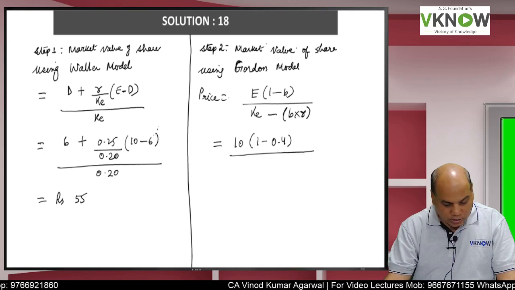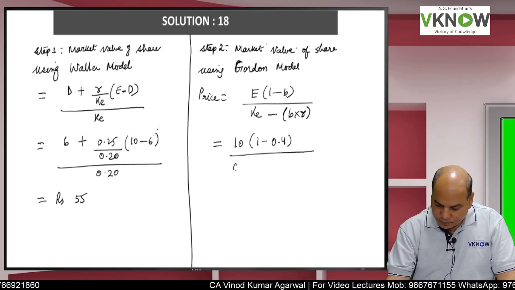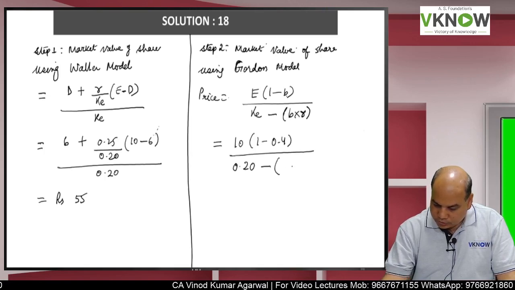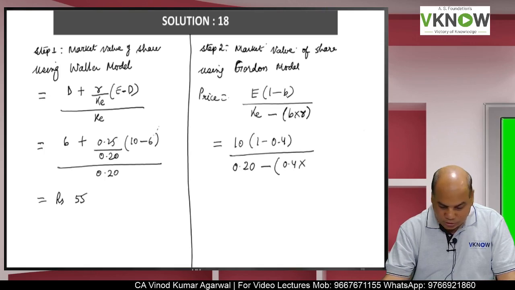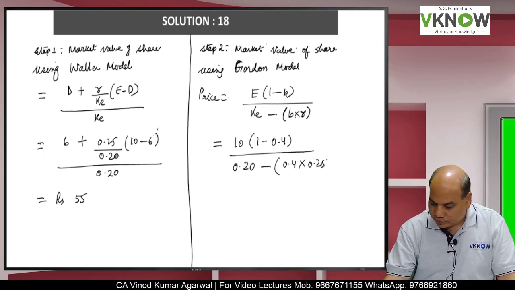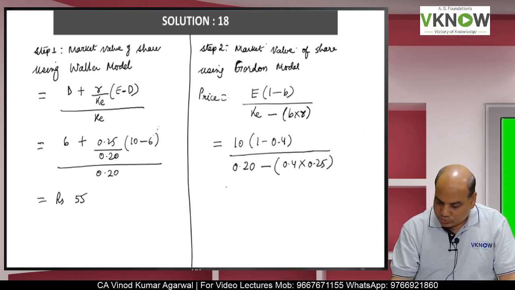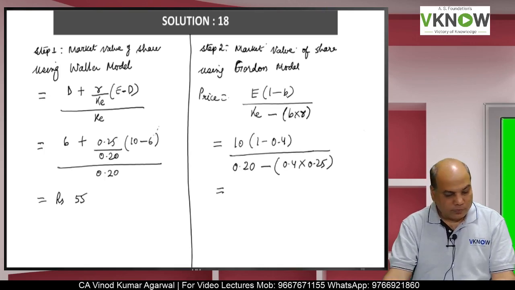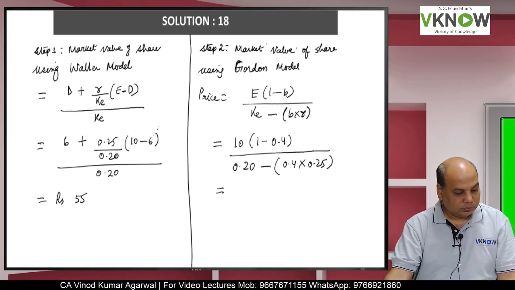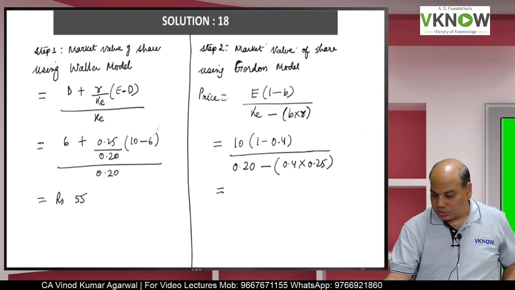Now what is K here? 0.20. And what is retention ratio? 0.4. Return on investment is 0.25. So now you will get the price if you solve properly. Is it rupees 60?